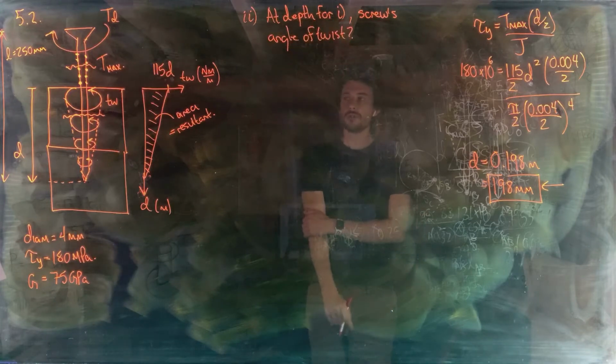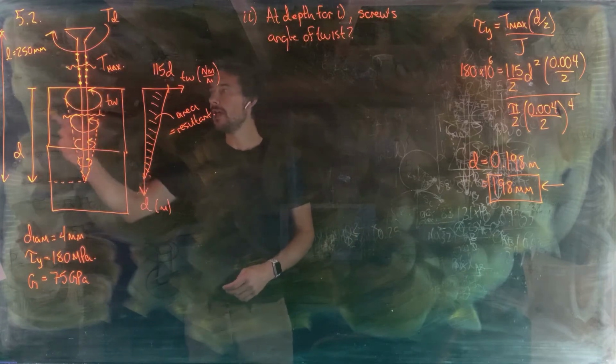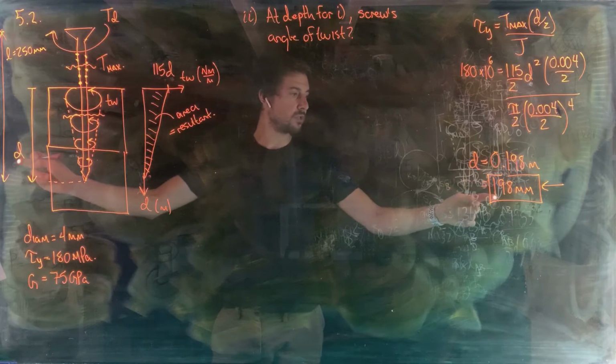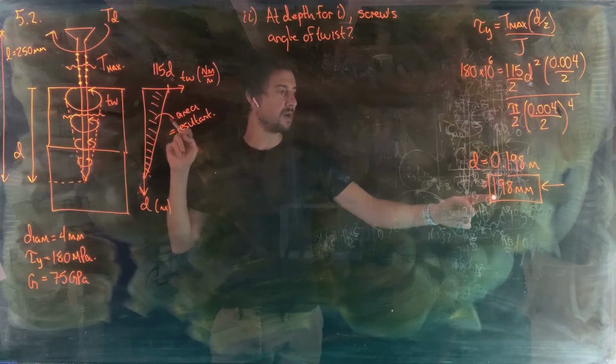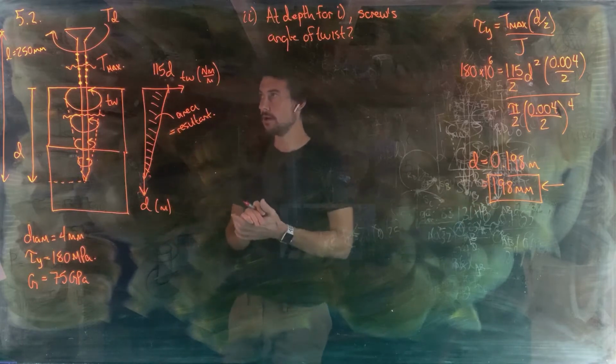So what we want to do is find the total angle of twist for the screw when the depth D is equal to 198, the 198 millimeters that we found previously in part 1.